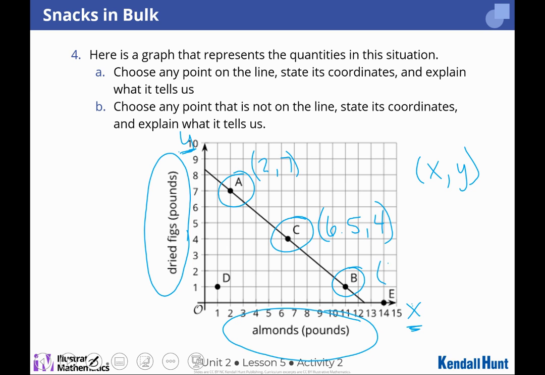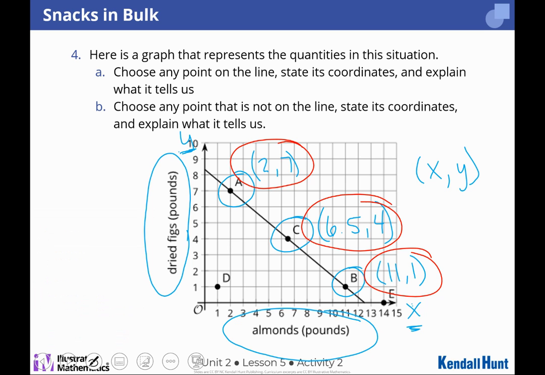So the coordinates for B are 11, 1. And that means 11 pounds of almonds and 1 pound of figs. So points A, B, and C are all on the line. So you can purchase each of these combinations of almonds and figs for $75.